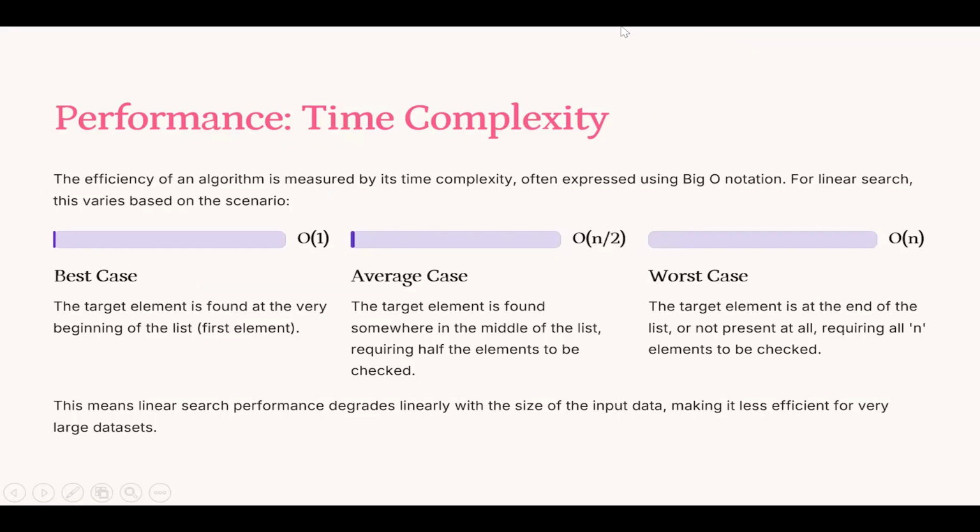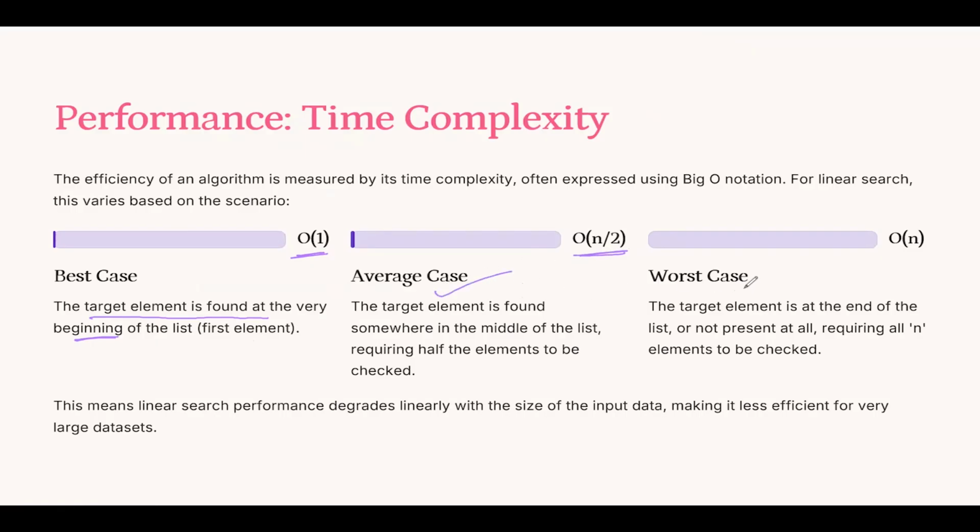So if at all we are talking about the performance, the best case is always order of 1. What do you mean by order of 1? The target element, the element we are looking for, is found at the very beginning. So whenever we find it in the very beginning, it is considered to be the best case because we will terminate the algorithm. Average case is when we find it in the middle. If there are n number of elements and the element is found in the middle position, then we will call it an average case.